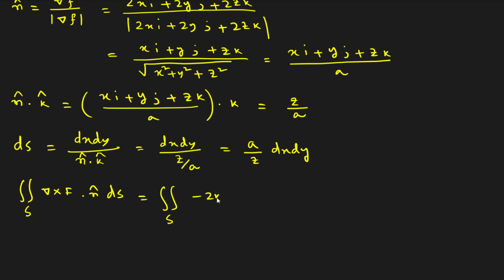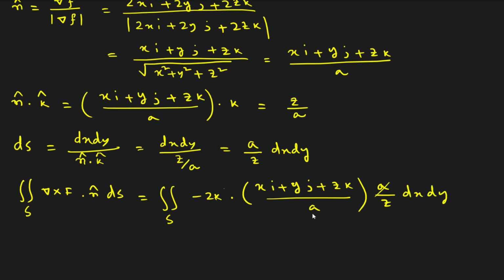It is minus 2 k cap, dot n cap. n cap we have how much? n cap is xi cap yj cap plus zk cap divided by a, and in place of ds we will write a by z dx dy. So first, a will cancel out.